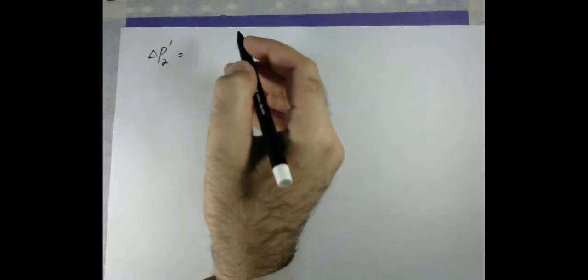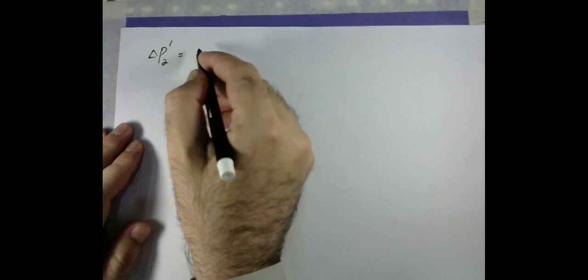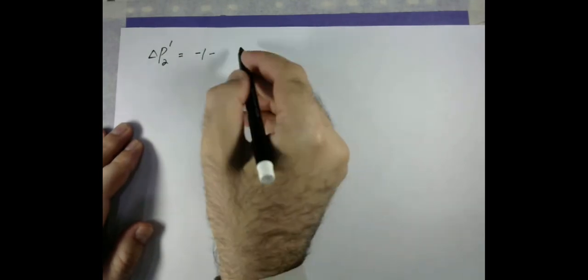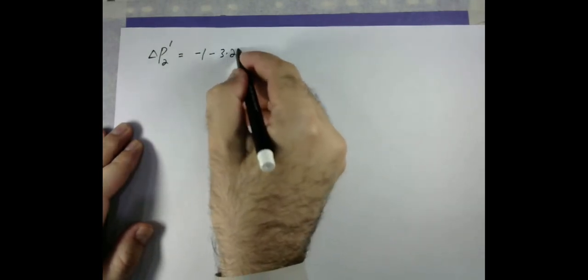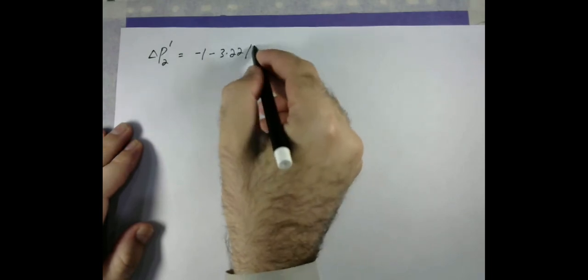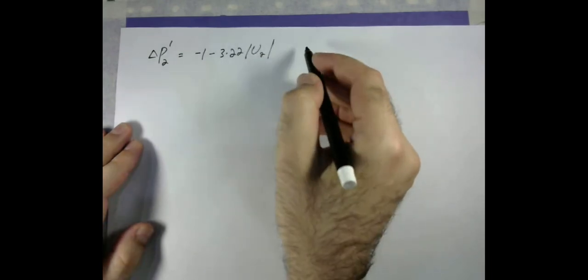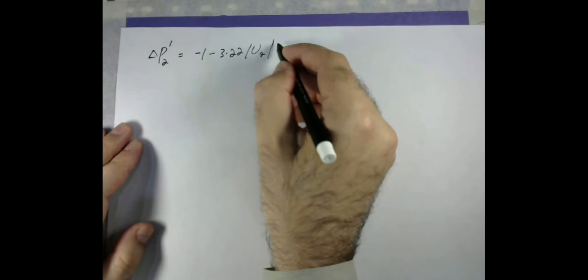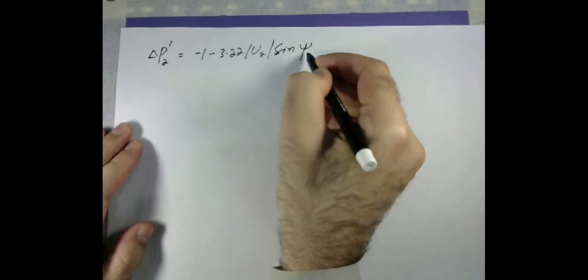So now I put delta p2 1, which is equal to -1 minus 3.22 u2 magnitude and sine of psi 2.